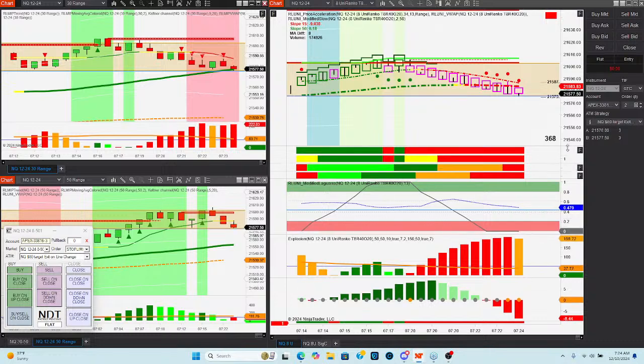Okay, got my quants, got my Laguerre, got my acceleration dot. This is up. Don't have my bias. Don't look at the angle of this 50, not real pleased with that. I need a little bit of additional confirmation to get through here.